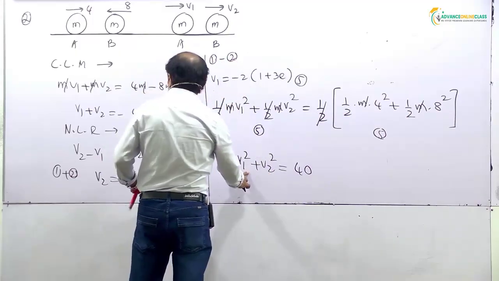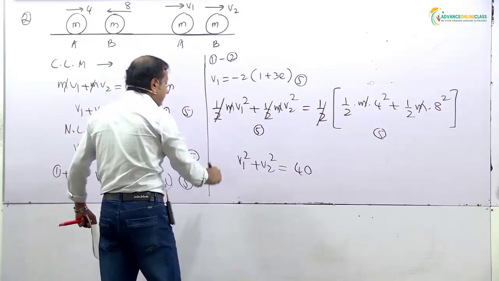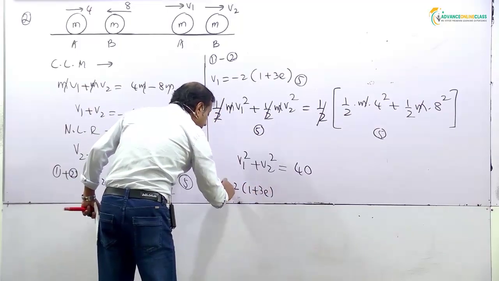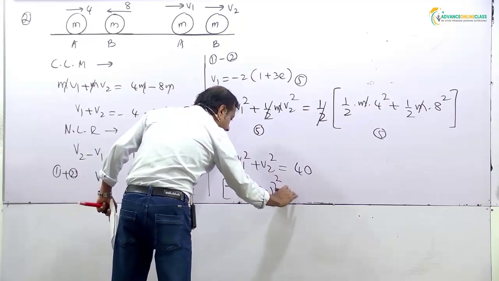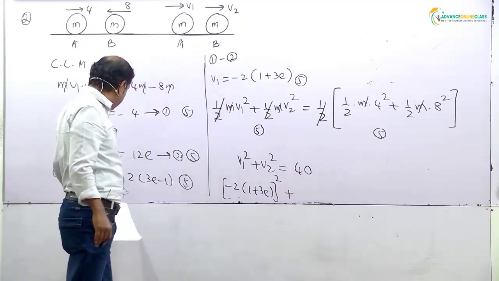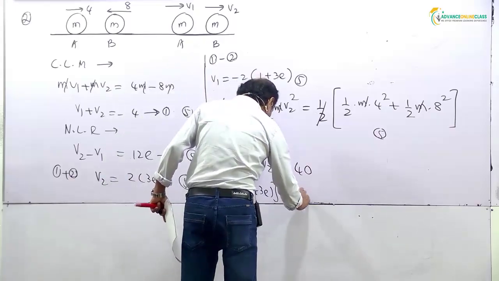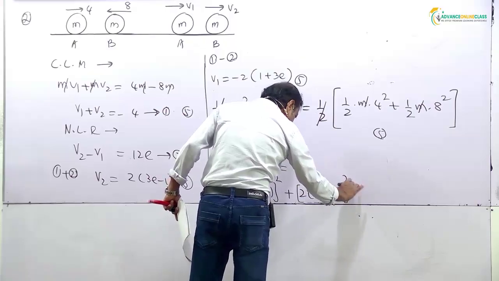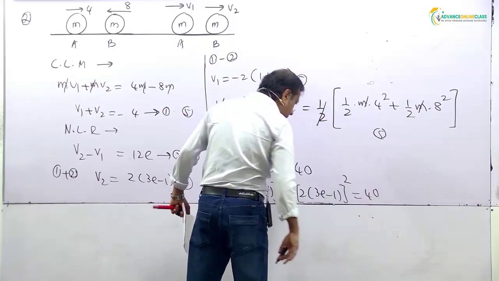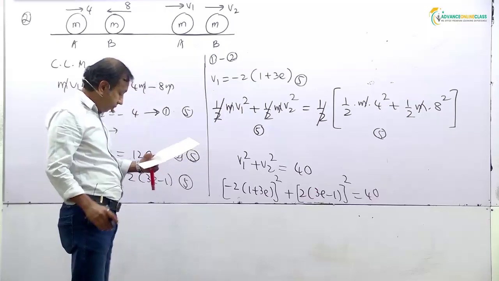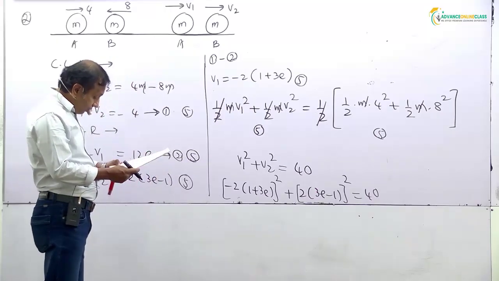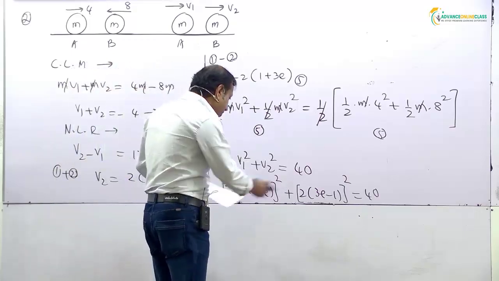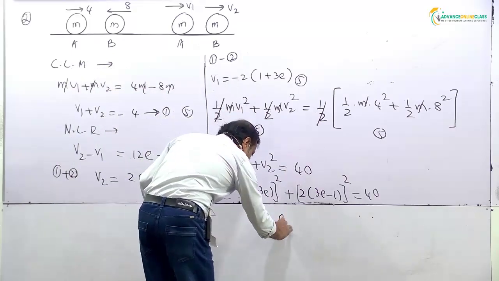Then substitute for V1 squared. What is V1? Minus 2 times (1 plus 3E), squared, plus V2 squared, 2 times (3E minus 1), perfect square, equals 40. When you simplify this, I'm not going to explain the simplification.